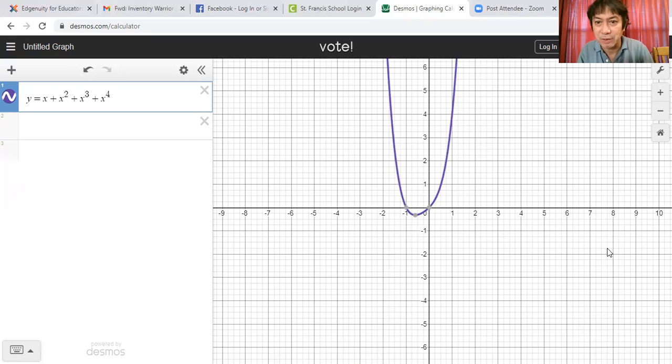So you see, there is no more symmetry here. It's not symmetric with the y-axis, and it's also not symmetric with the origin, if you use a combination. So there you can see the appearance of the graph. It's either odd, even, or neither.